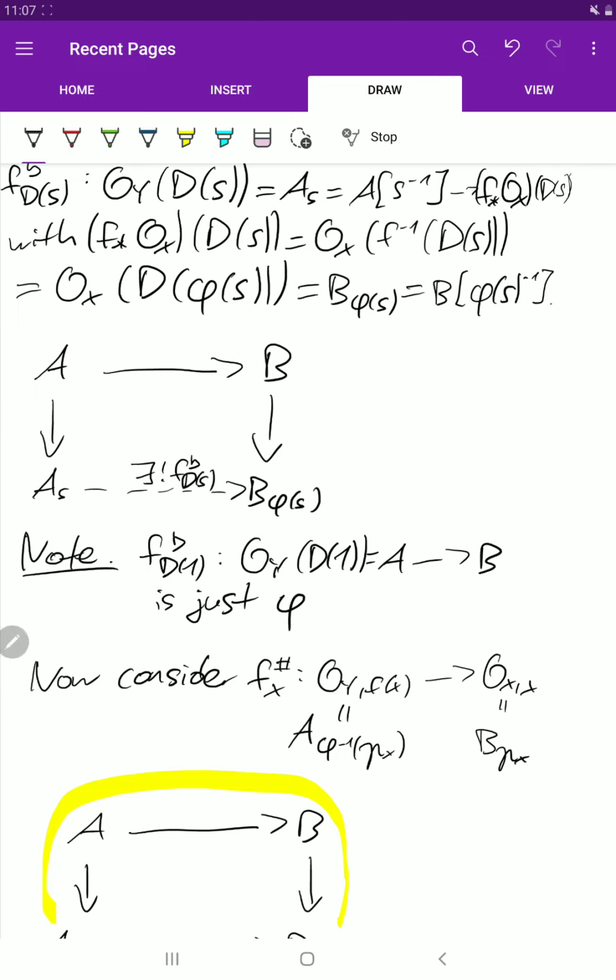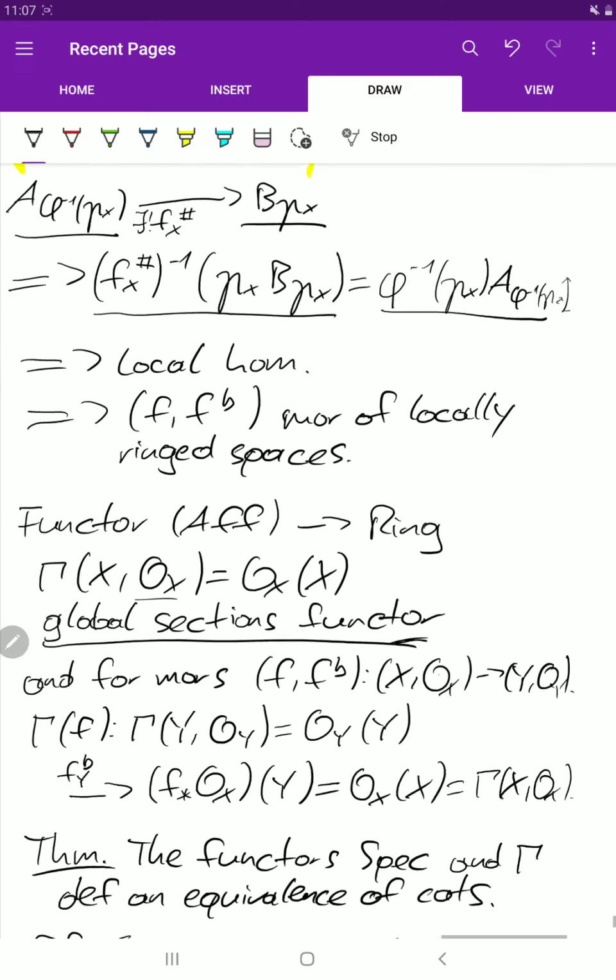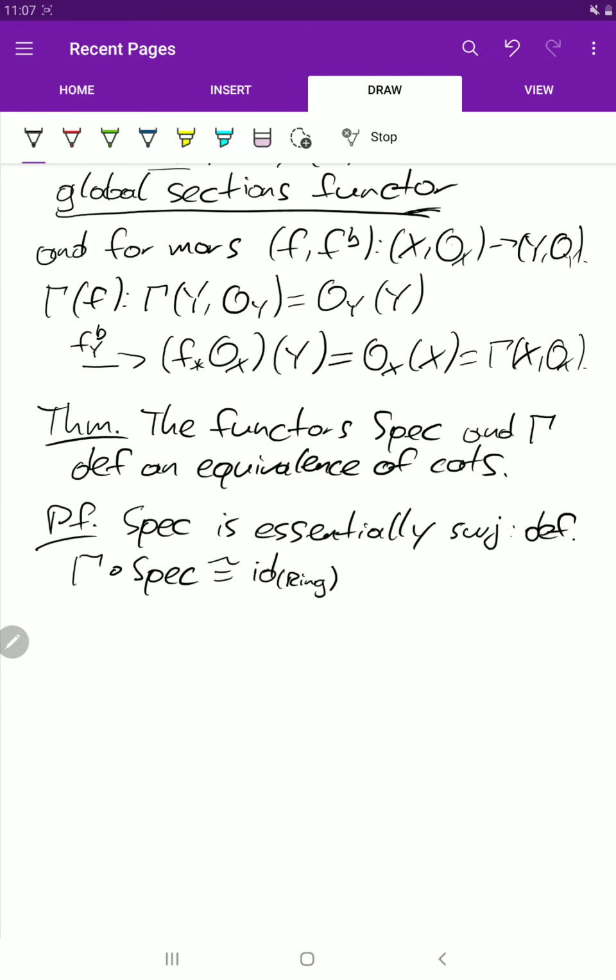Basically this note here is what gives us this result, because on the global sections it's just phi again, and then if we take the global sections, well, we get the same map back. So we have that on morphisms, this composition is the identity on rings.